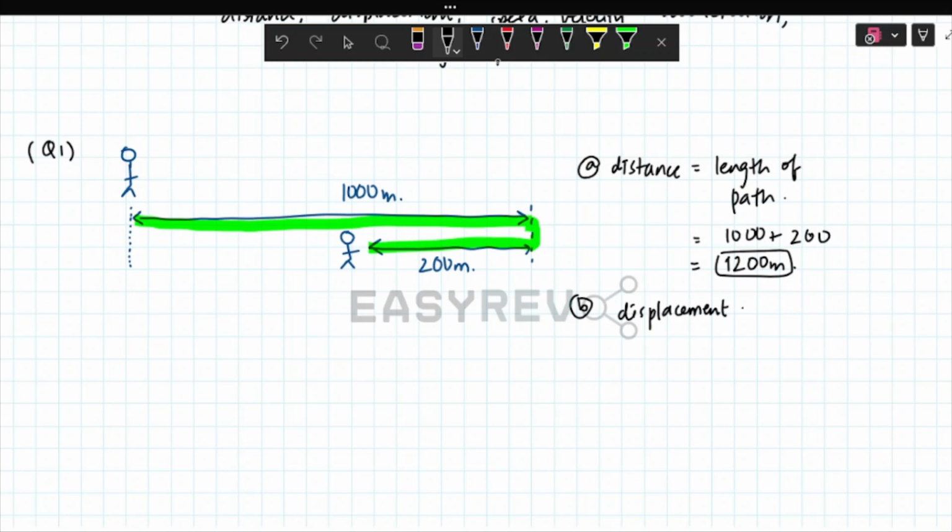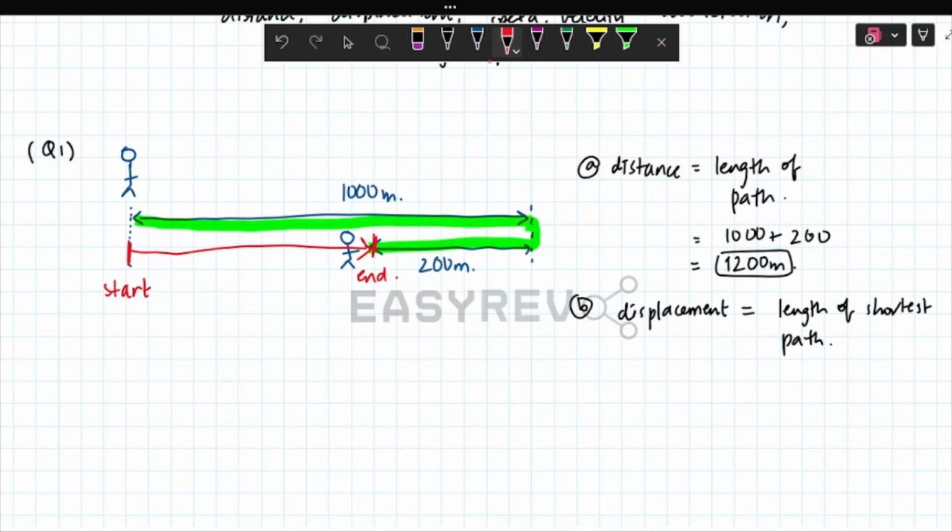Now the displacement wasn't as straightforward as the length of the path, if you recall. It's more specifically the length of the shortest path covered by the moving object, in this case Tufi. To know what this shortest path is, it's just a matter of identifying what's your starting point and what's your ending point. And now it's just a matter of drawing an arrow from your starting position towards the ending position.